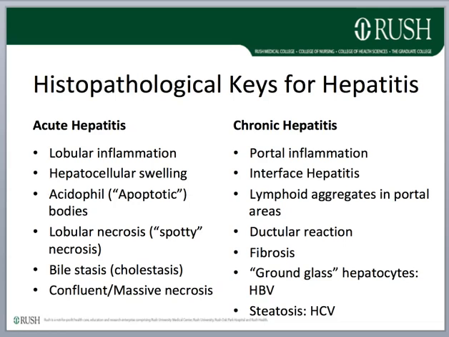There's a couple of features that are more typical for HBV and HCV, respectively. Ground glass hepatocytes are associated with HBV infection, and steatosis is associated with HCV infection.